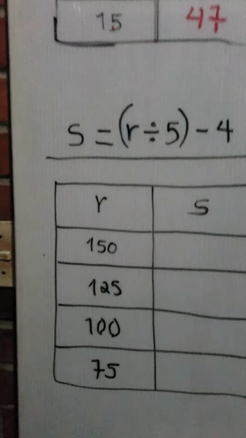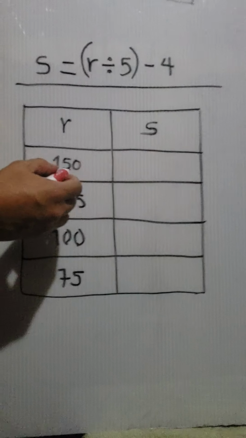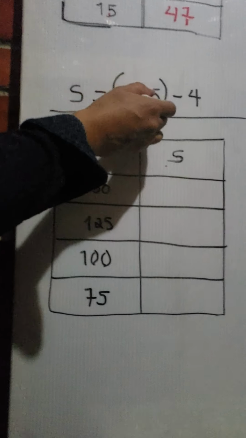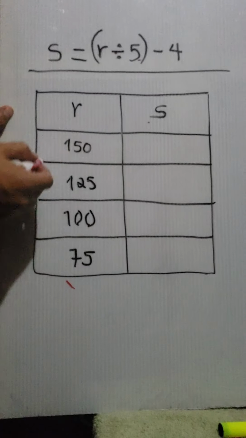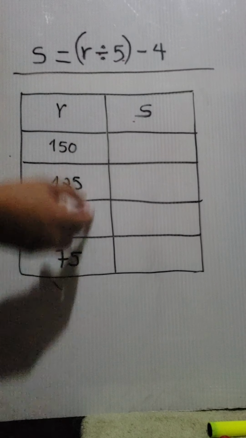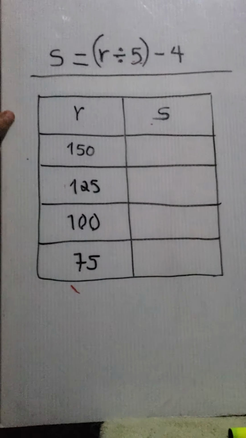Let's do this exercise here. Let's see. It says letter S, this one is R divided by 5. These are the numbers, 150, 125, 100, 75. All of these numbers are going to be divided by 5. And then we are going to subtract 4.